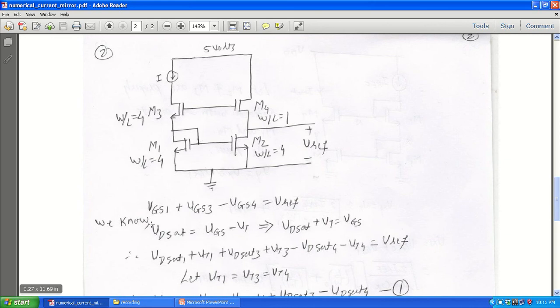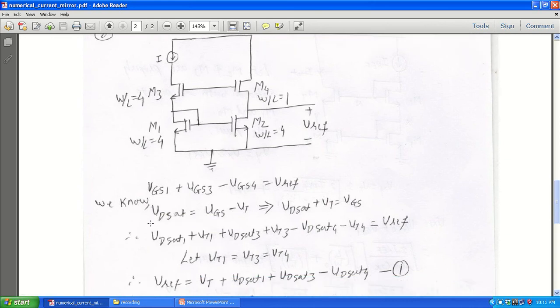We know that VD is nothing but VGS minus VT. That means I can say VD plus VT is equal to VGS. So I'll substitute here VGS in the form of VD and VT. VGS1 I'll replace by VD1 plus VT, VGS3 I'll replace by VD3 plus VT3, and VGS4 I'll replace by VD4 plus VT4, and this entire equation is equal to Vreference.